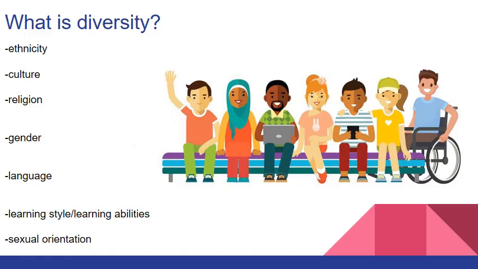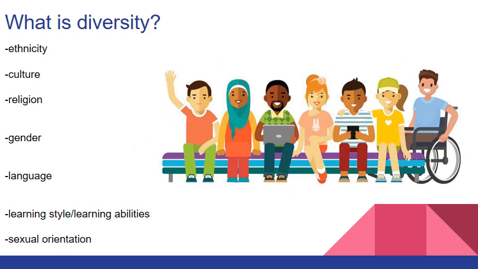Now let's discuss what is diversity. Diversity can be in terms of ethnicity or ethnic group. You can have students of diverse cultures and diverse races. You could have students of diverse religions. And you could also have students that have diverse gender identities and language backgrounds.